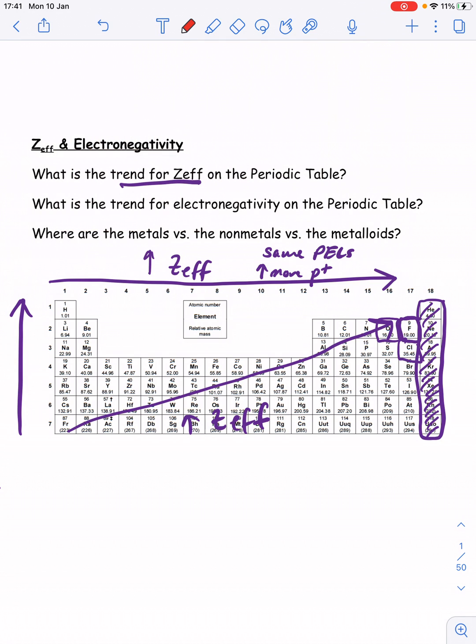So if I zigzag across this table like this, the nonmetals are these elements over here, the noble gases included and hydrogen included. So those are our nonmetals. They're going to be the main focus of our unit here, because covalent bonding is the type of bonding that we associate typically with nonmetals.